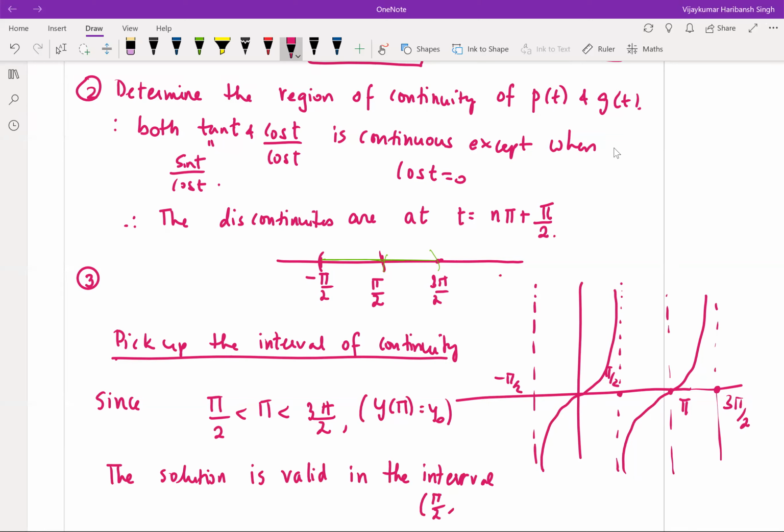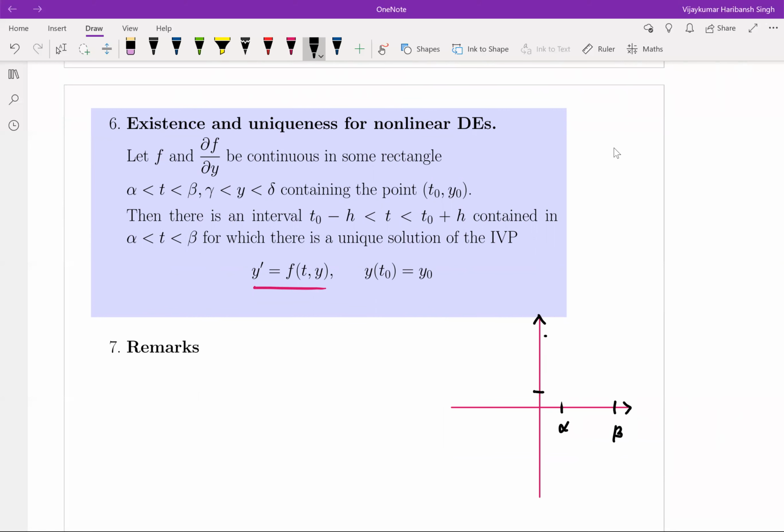So you have your t between alpha and beta, and your y between, say, gamma and delta.